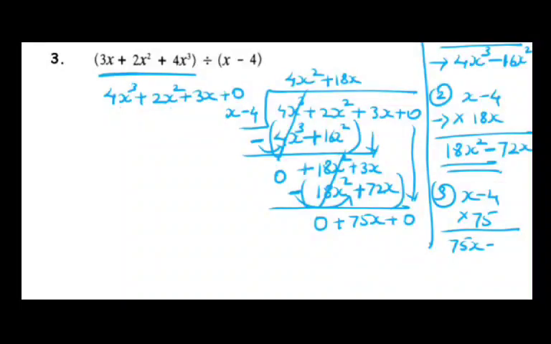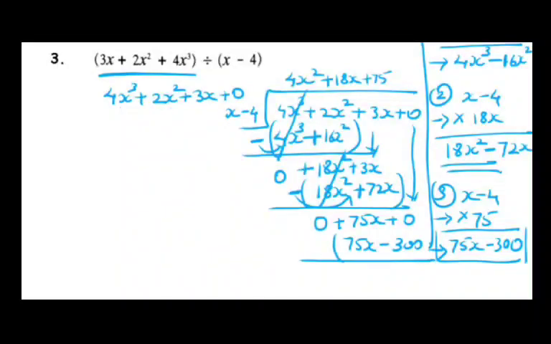Minus 75 into 4 makes it how much? 5 4s are 20, 7 4s are 28, 29, 30. 75 goes as a part of my quotient. This part, which is 75x minus 300, goes as a part of my working.